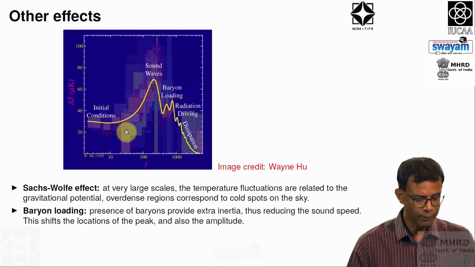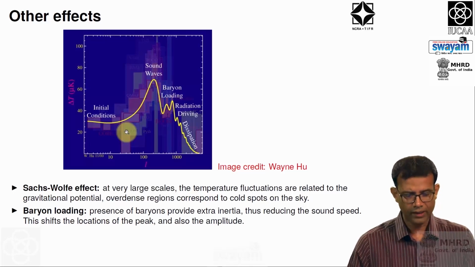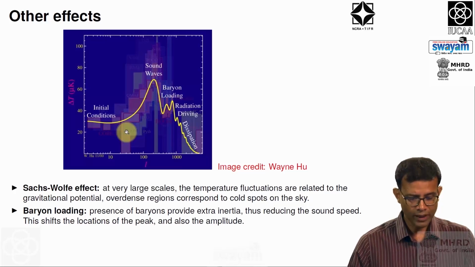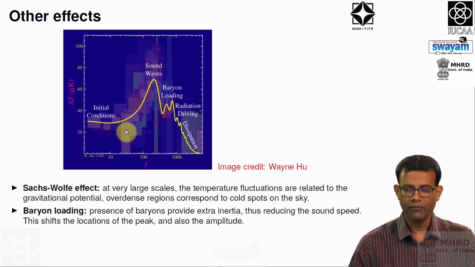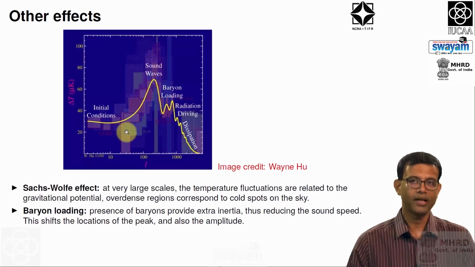Then there is a concept of baryon loading. In the equations which we talked about, we never incorporated the matter. In fact, there is a presence of baryons which interact very closely with photons, with radiation, before recombination, before the last scattering surface, because they are constantly getting scattered off via Thomson scattering.